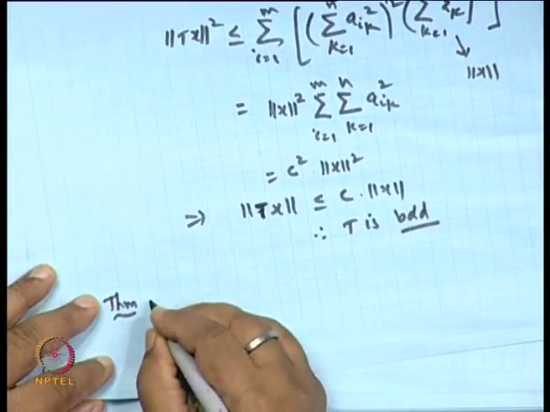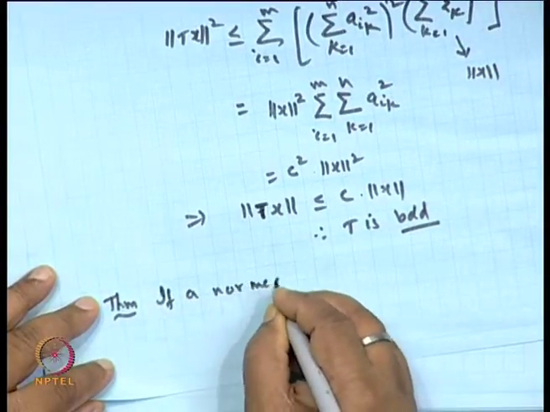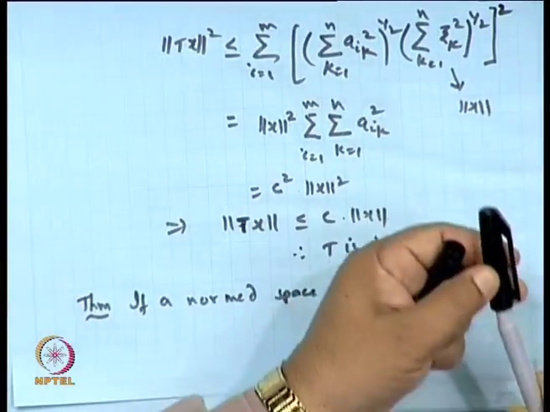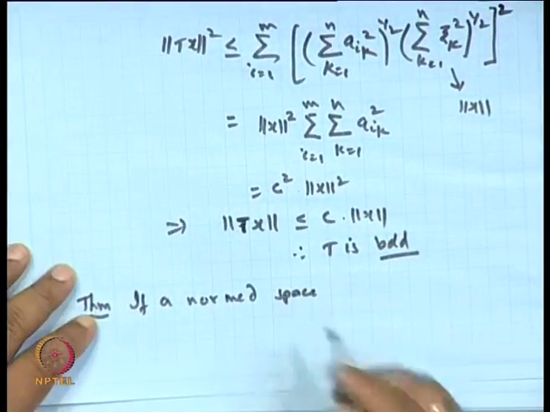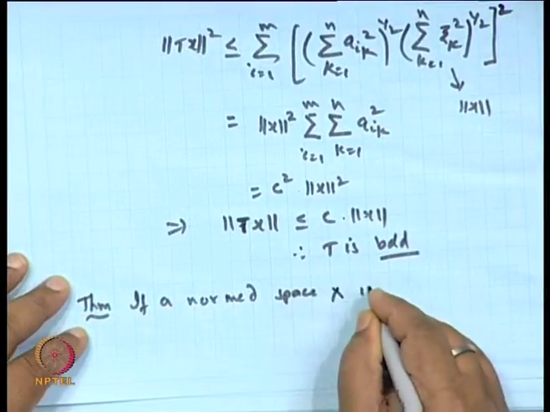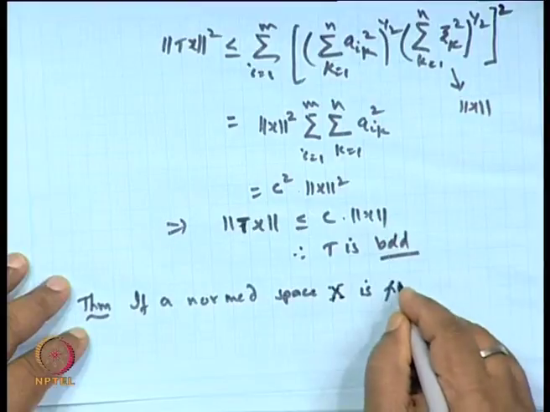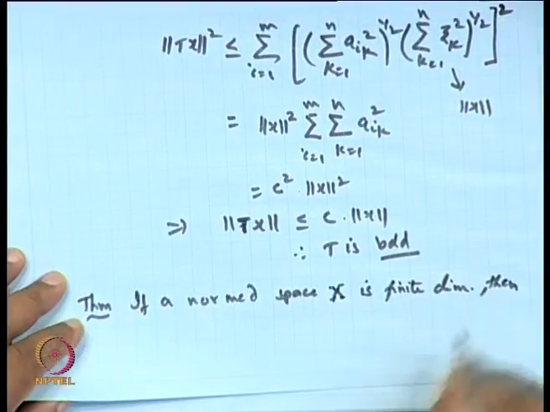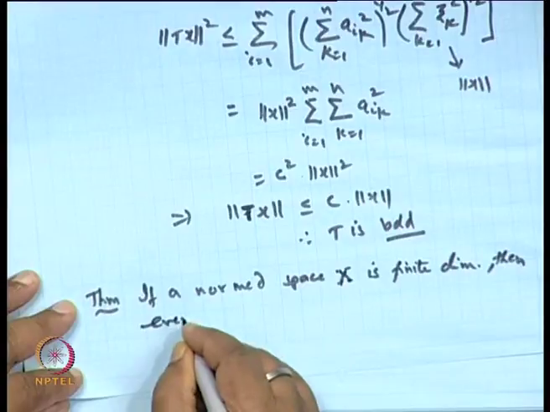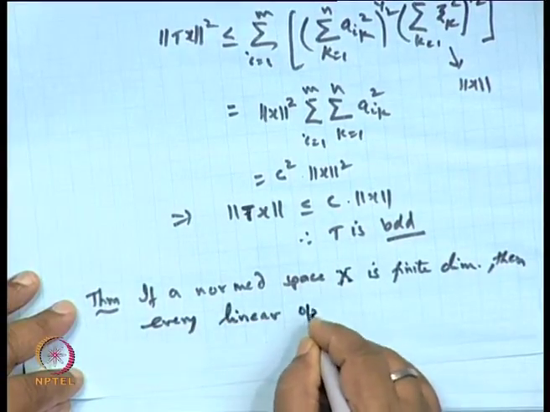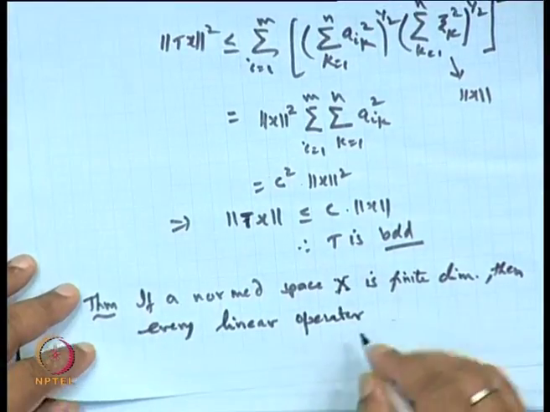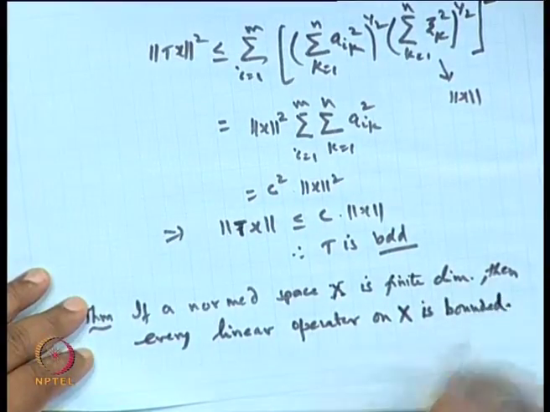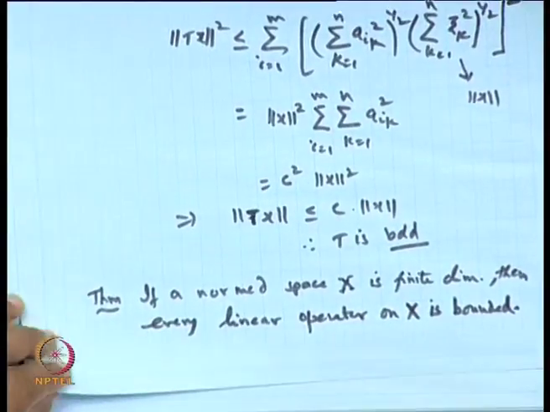The result is: if a normed space X is a finite dimensional normed space, then every linear operator on X is bounded. Okay. Let us see the proof of this.